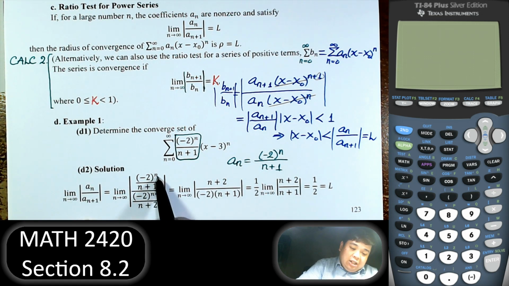So we do that, divide the fraction, multiply by the reciprocal. We're going to flip that and cancel out. We end up with this.